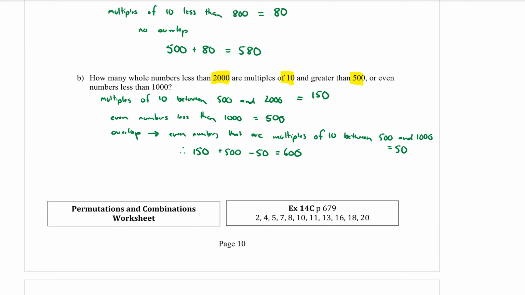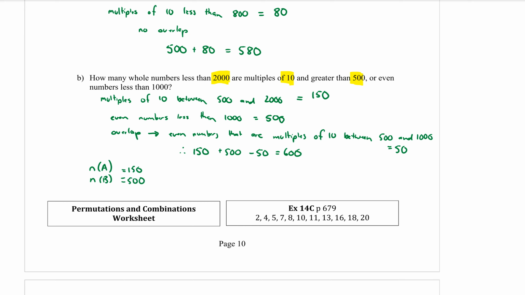Now, instead of all those words, this could ring some bells with some notation that we used last year. If A was multiples of 10 between 500 and 2,000, we could say the number of elements of A is 150. The number of elements of B was the 500.